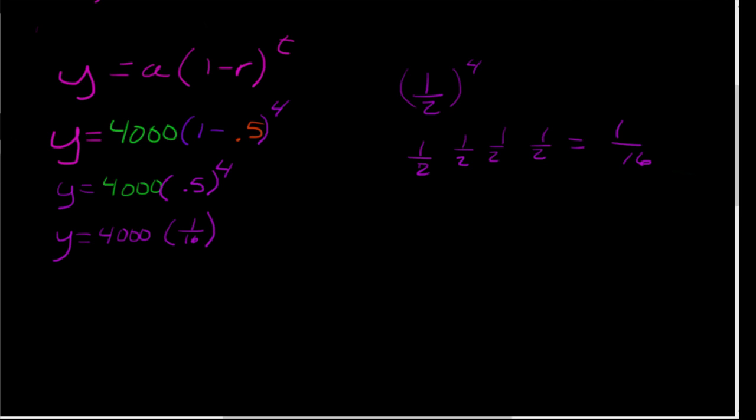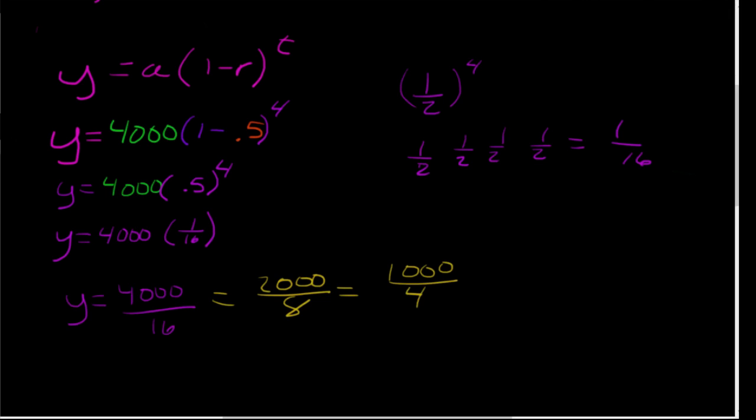When I multiply these, I get 4,000 over 16. And I just start taking out common factors. I know that I can take a 2 out of both of those, so that becomes 2,000 over 8. I can take a 2 out again, and that becomes 1,000 over 4. I can take 2 out again, because that's going to become 500 over 2.